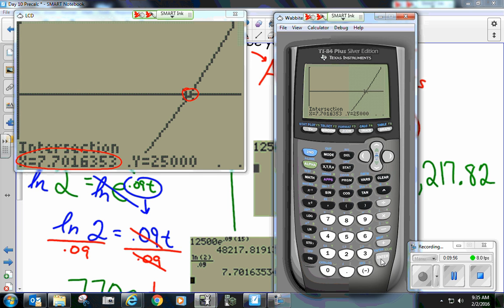Approximately 8 years. Okay. So when you have an equation, the two sides, you can graph them both and see where they intersect. You just might need to know where to find it. If you're looking at a 10 by 10 window, you wouldn't see that. You have to know, well, if I need to find out where it's going to be equal to 25,000, I better go where 25,000 is. Okay? All right, good.